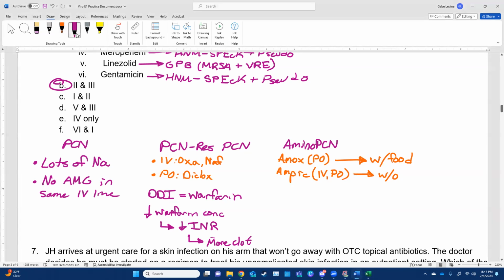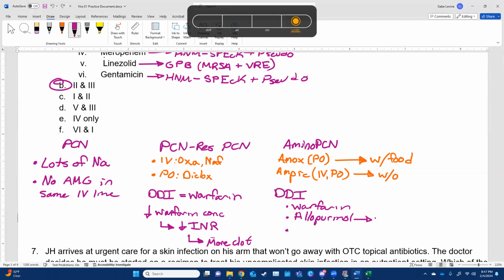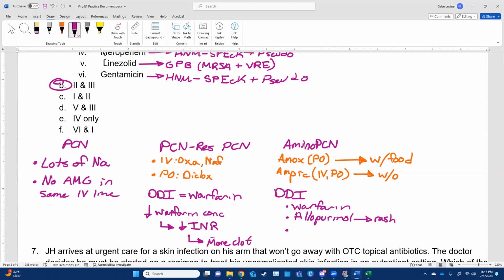We have some other specific drug-drug interactions when we talk about, especially amoxicillin, because it's so common. So again, we pick up warfarin. What are the two other ones that we worry about? Allopurinol, specifically because it can cause a rash, so it leads to higher concentrations of allopurinol.